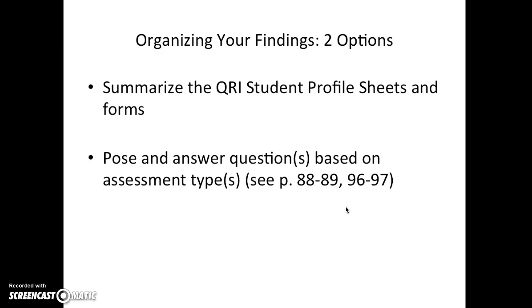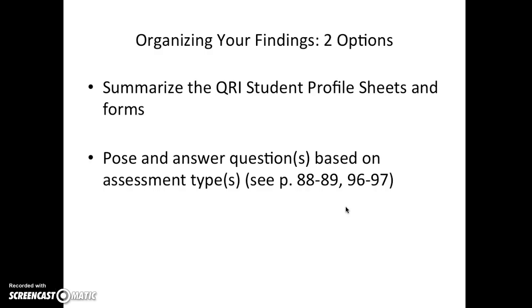And you can take those questions and go through, even across assessments, and say, this is what the data is that I have to answer each question. So if your question is, what is the motivation level of the child? You could go through and say, this is what the child scored on self-concept. This is what they said in the interview. What is it that gives you an answer to that question?